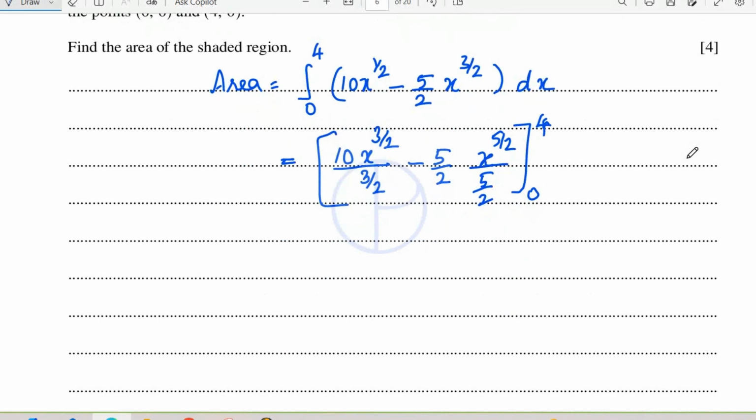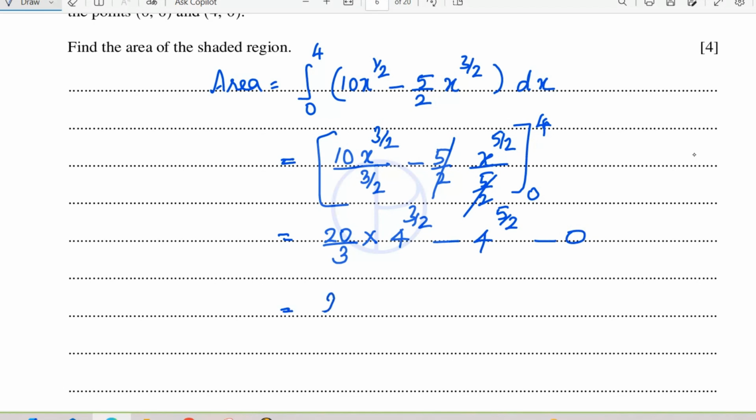Let's apply the upper limit. These two get cancelled and this is equal to 20 over 3 multiplied by 4 power 3 over 2, minus x, x is 4, 4 power 5 over 2 minus 0.